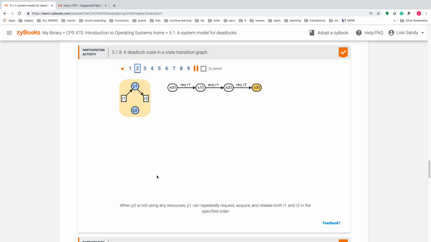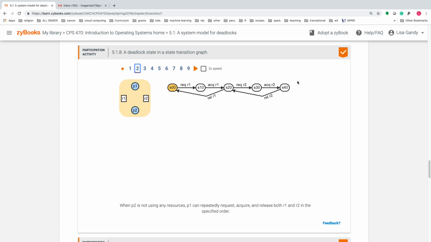When P2 is not using any resources, P1 can request, acquire, and release R1 and R2 in a certain order. And this has to be told to you. So it can request R1 and then acquire R1. And then it can request R2. And then it has to release R1. Then it can acquire R2, release R2, and then it can release.